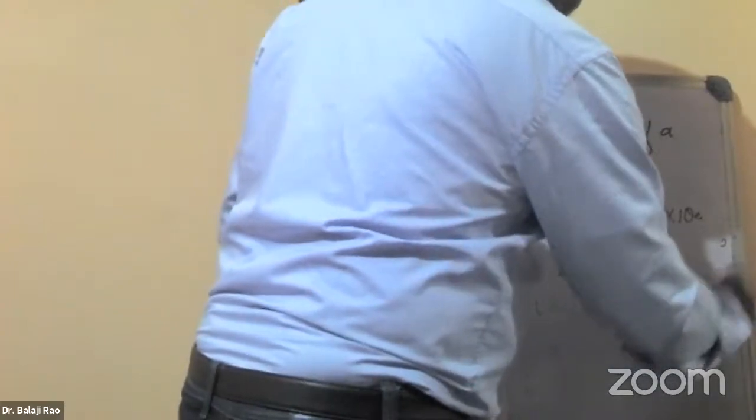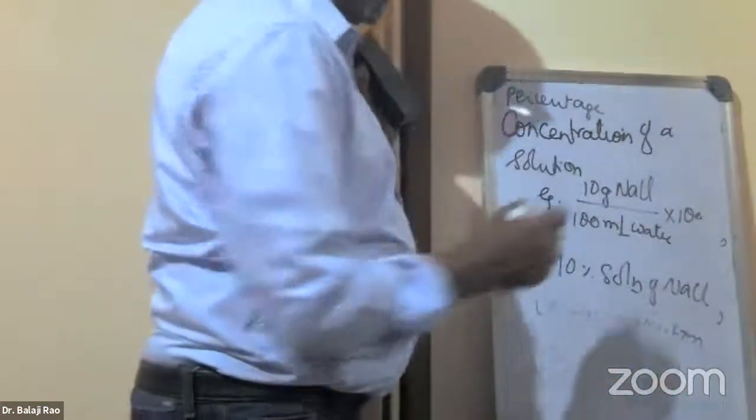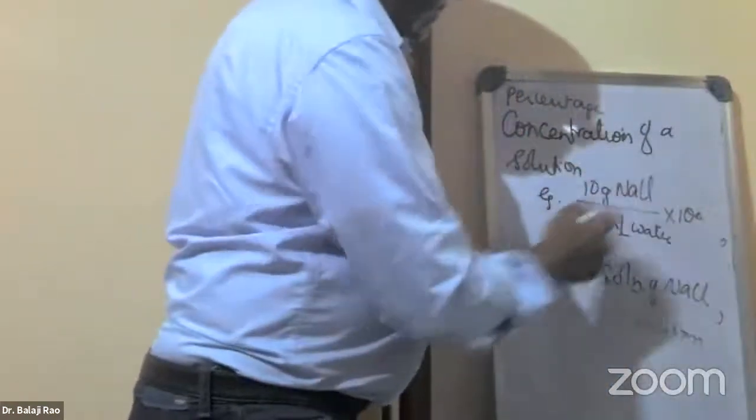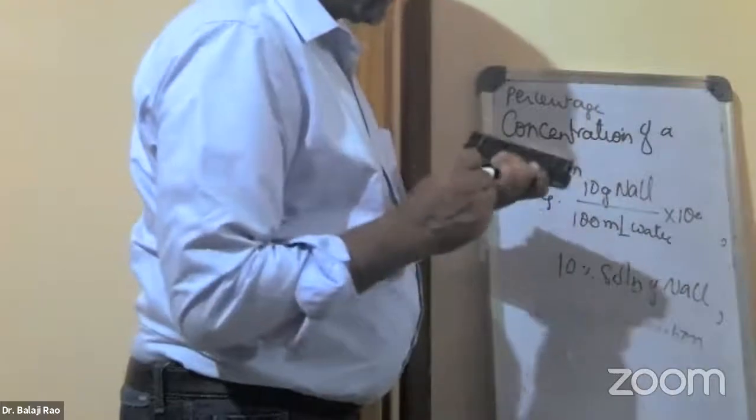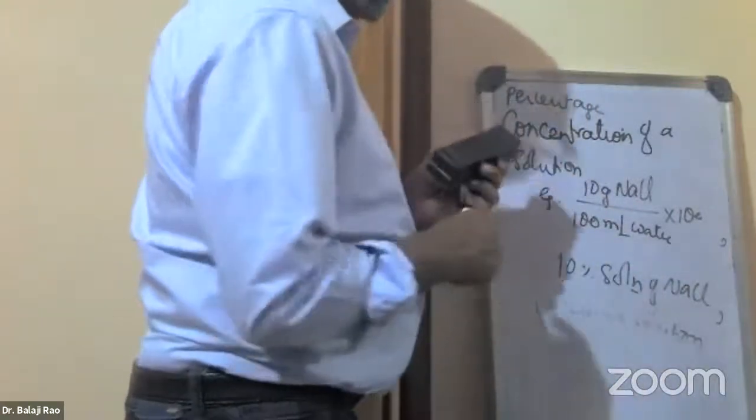So it becomes a 10% solution of NaCl, where 10 grams of NaCl were dissolved in, let us say, 100 ml of water, and this has a certain concentration.